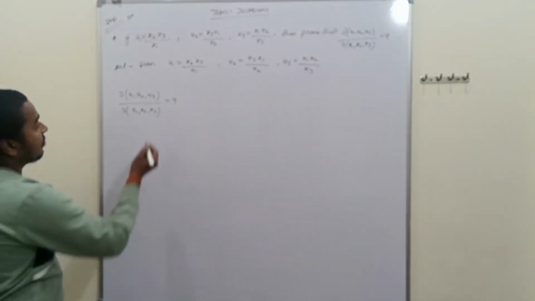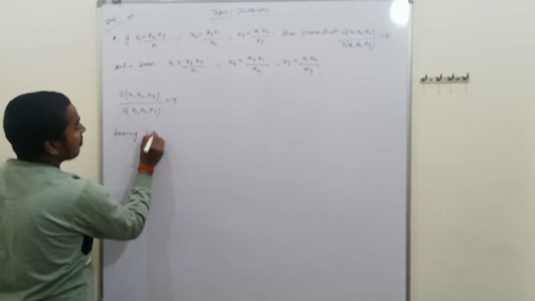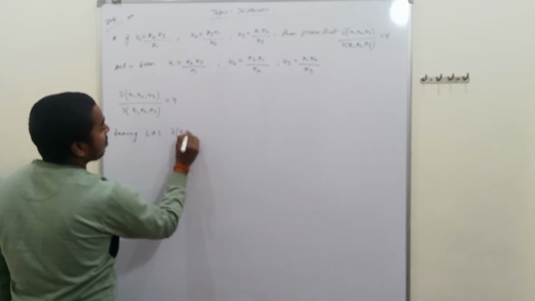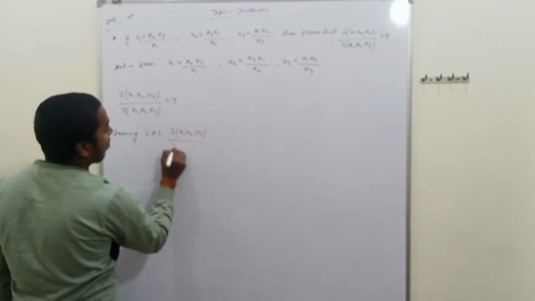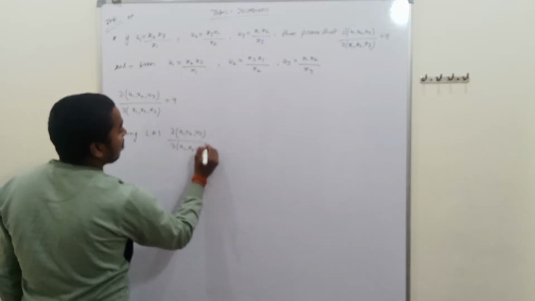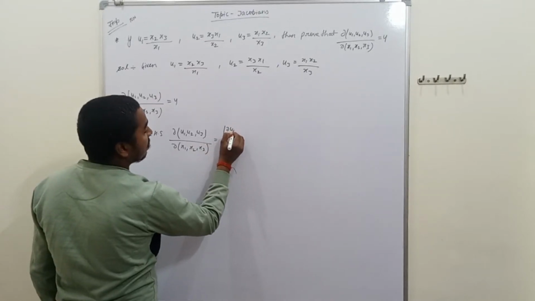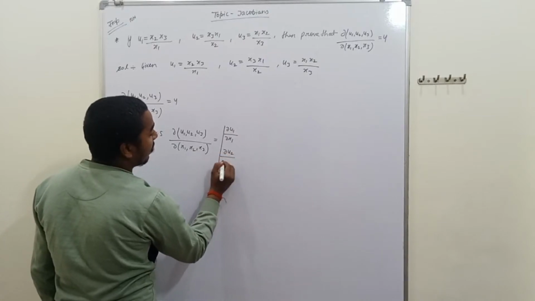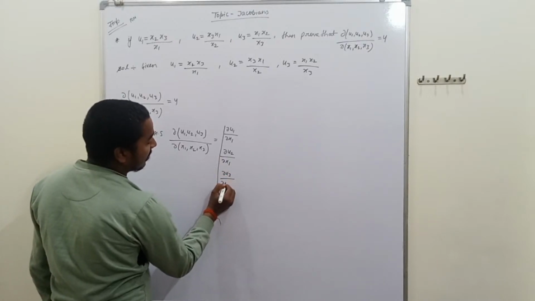First, taking the left hand side, that is del of u1, u2 and u3 upon del of x1, x2, x3 is equal to, this is given by del u1 upon del x1, del u2 upon del x1, and del u3 upon del x1.